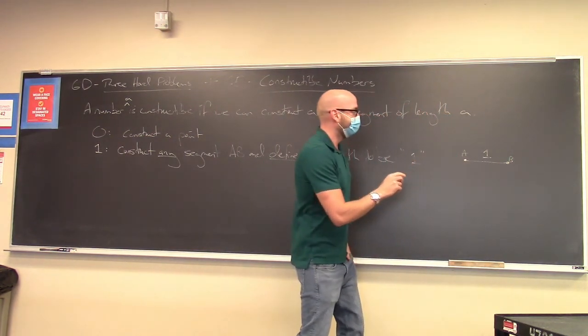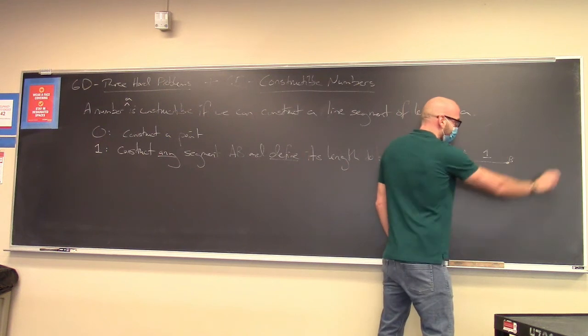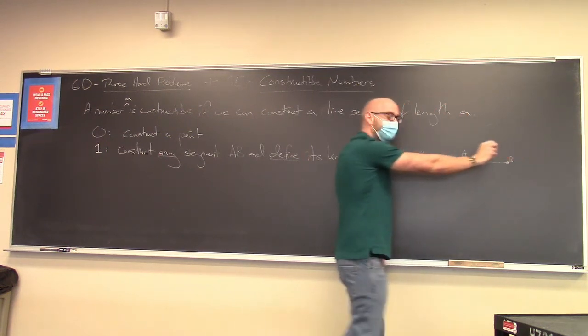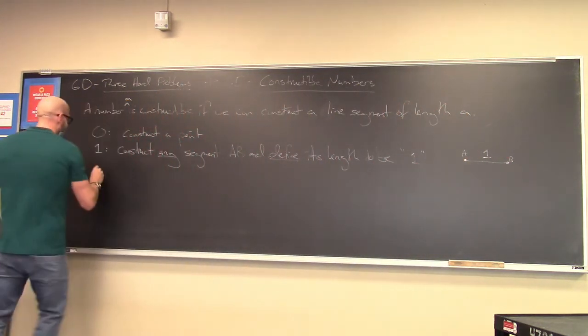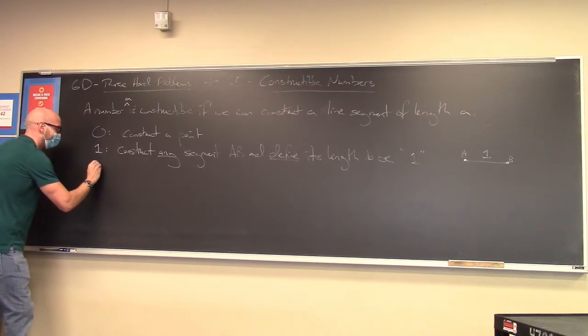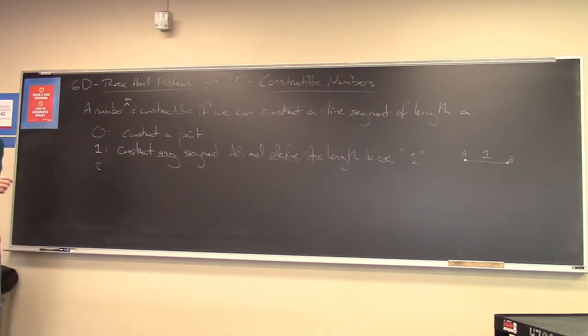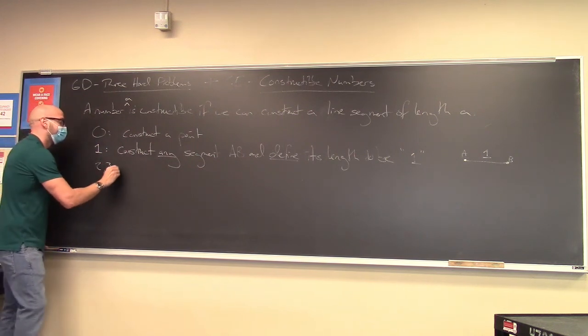I don't need the perpendicular at all. All I need to do is draw a circle and then extend the line. Yeah, I suppose you could do something like that, but even easier is just draw circles.